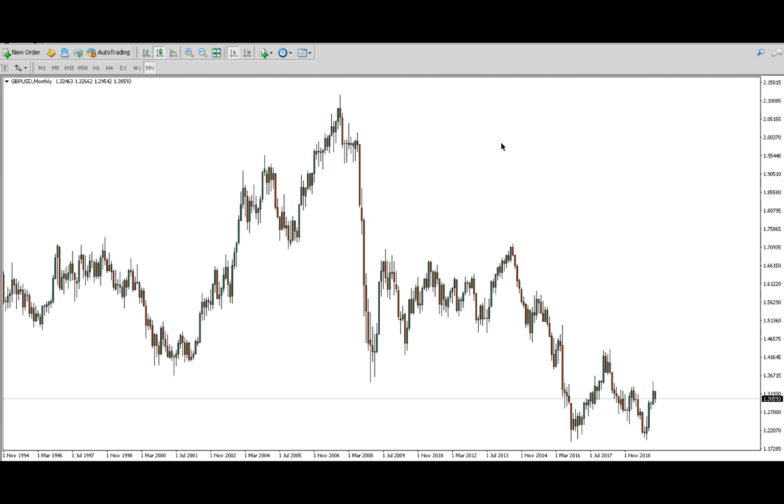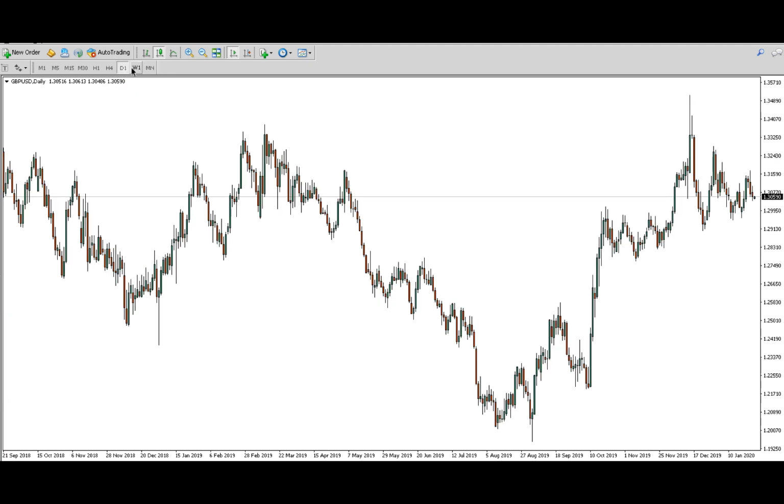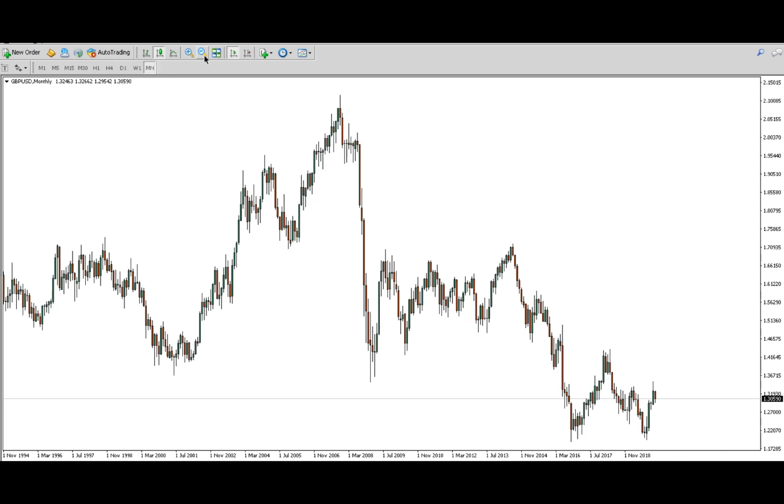Okay, so let's see how the GBP US dollar looks, the Great Britain pound US dollar. And we will start with the monthly again, as you know. You can see, well, right now we are very close to the low part of the range for the currency pair.